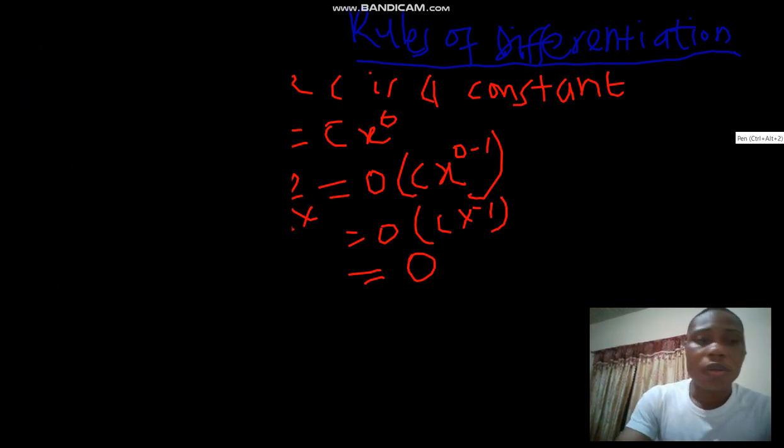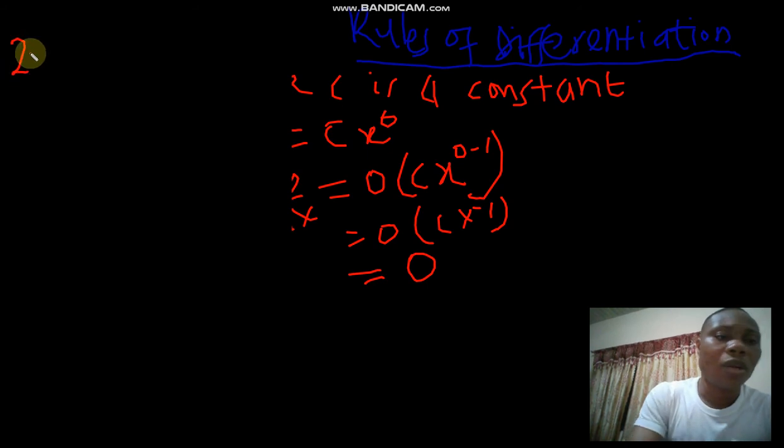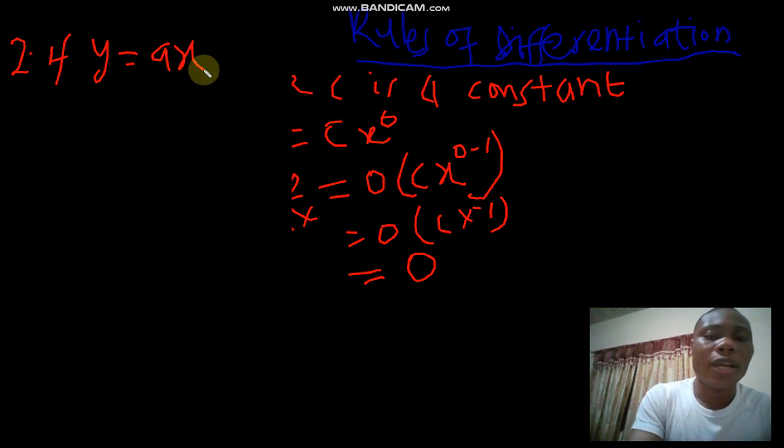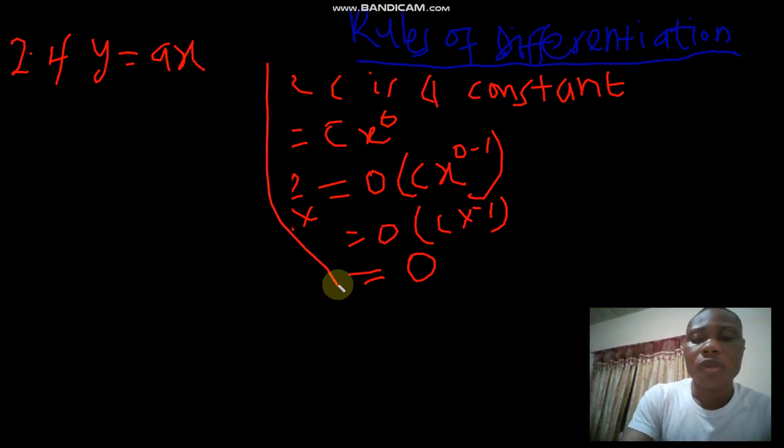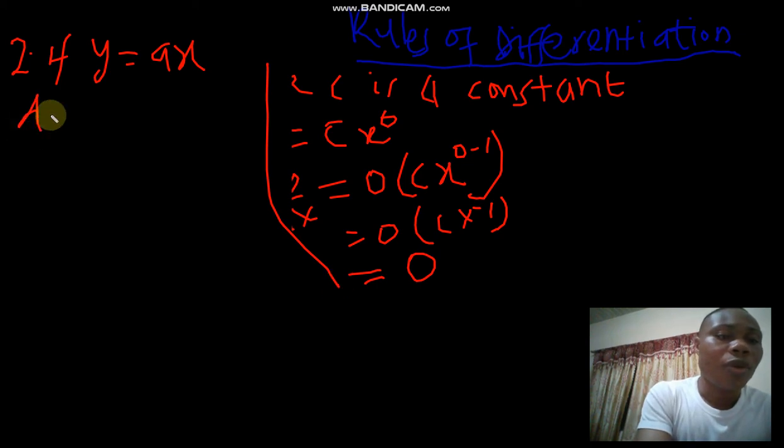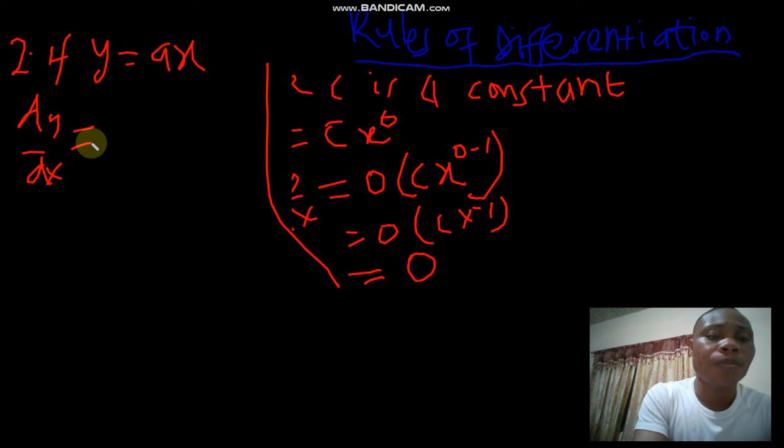Alright, so my rule 2 is if I have a function where y is equal to a times x, where a is a constant, then my dy/dx will be equal to a. That is all.